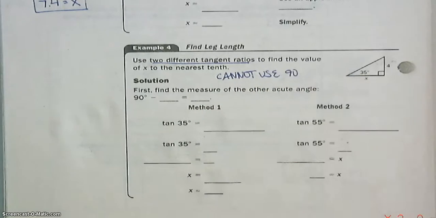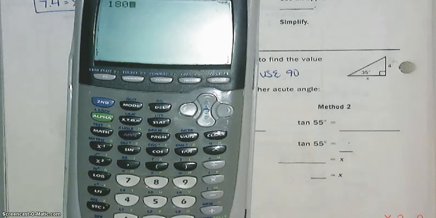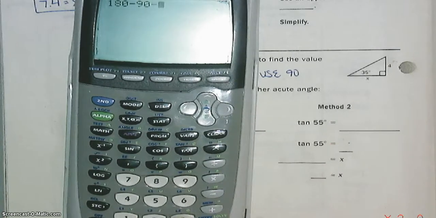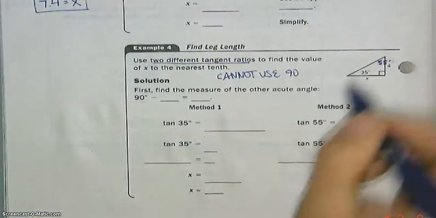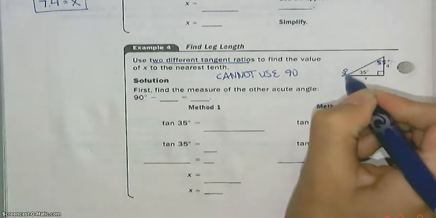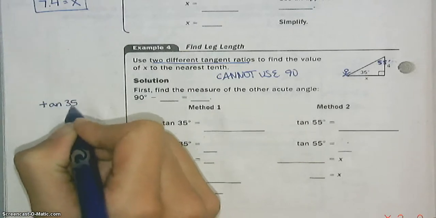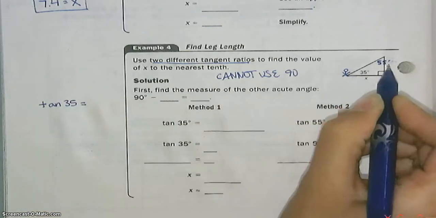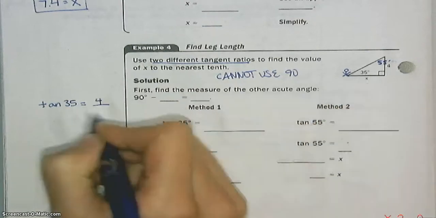So I can use 35, or, see, I know how many degrees in a triangle. 180 minus 90 minus 35, or I could use 55. So I'm going to show you how those both work. So let's say I'm standing here at 35. I would do tangent 35 equals opposite of 35 is 4, and adjacent is x.